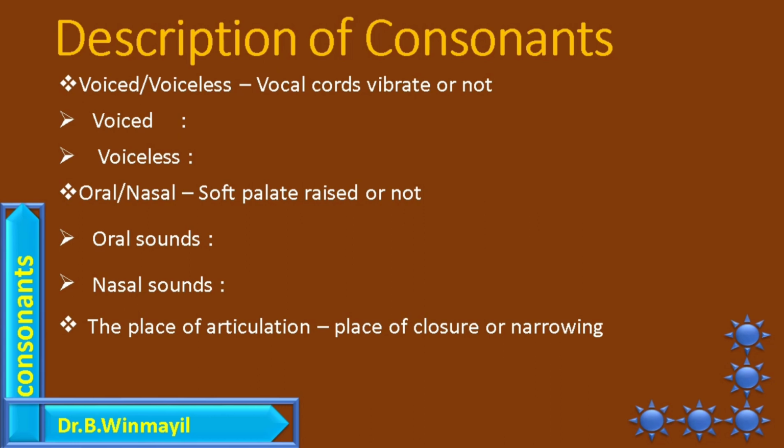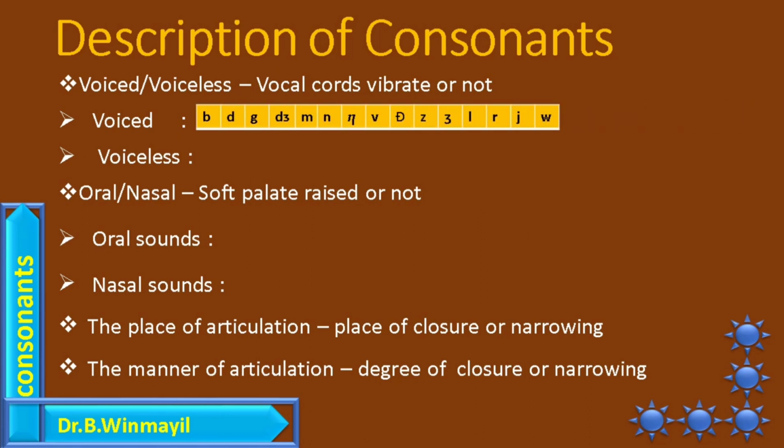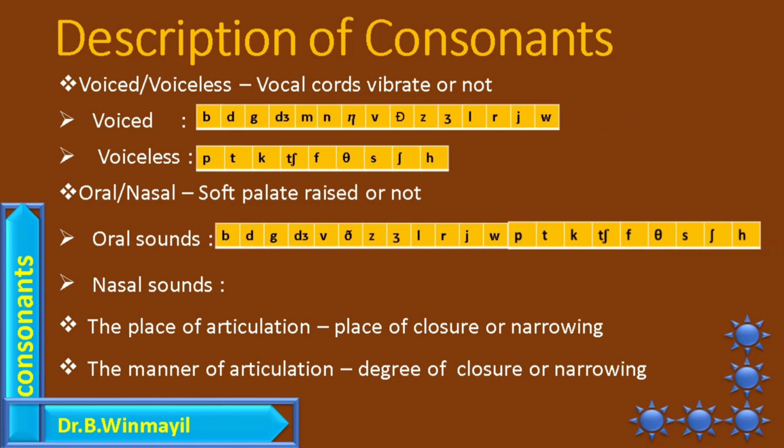Thirdly, we have to indicate the place of articulation, that is, where in the mouth the closure or narrowing takes place. Finally, we have to indicate the manner of articulation, that is, the degree or kind of closure or narrowing that is assumed in producing the sound.